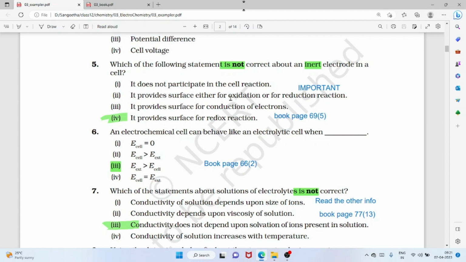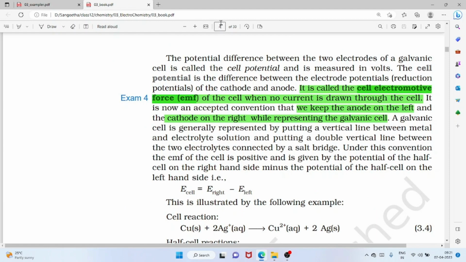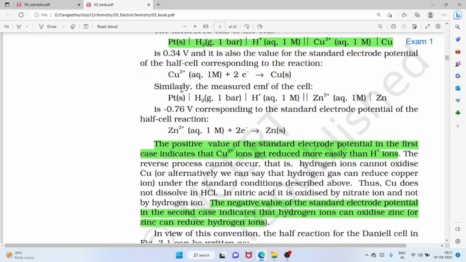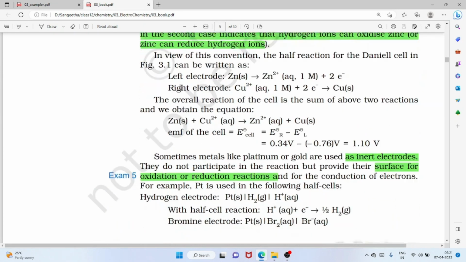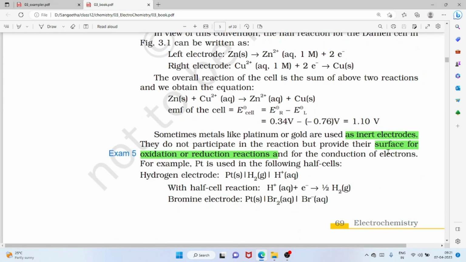It provides either oxidation or reduction, not both. So for the redox reaction, this is wrong. Why? Inert electrodes provide surface for oxidation or reduction, not both.